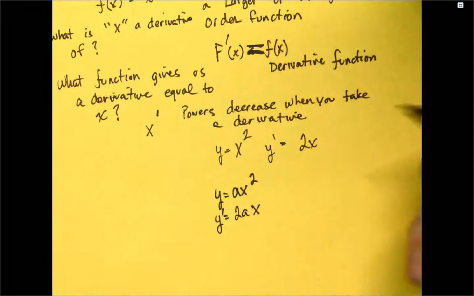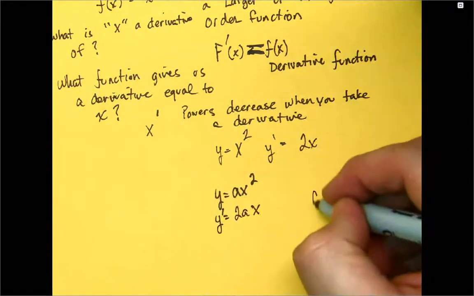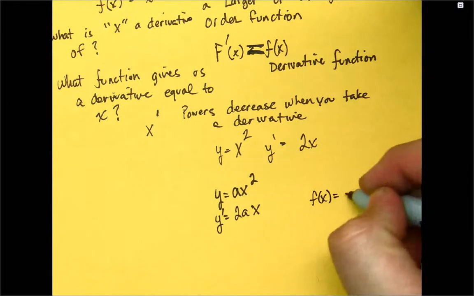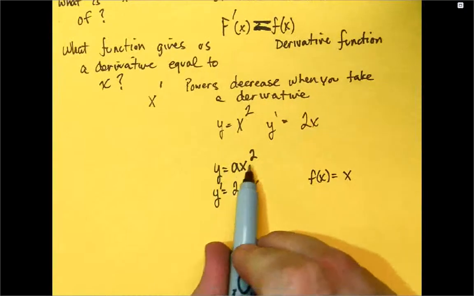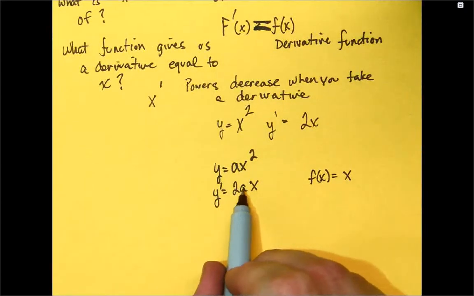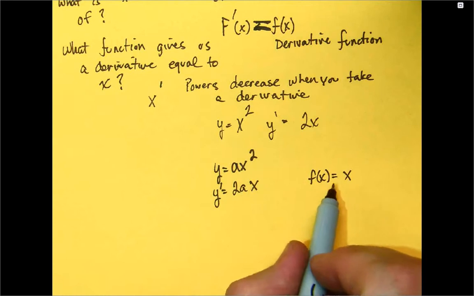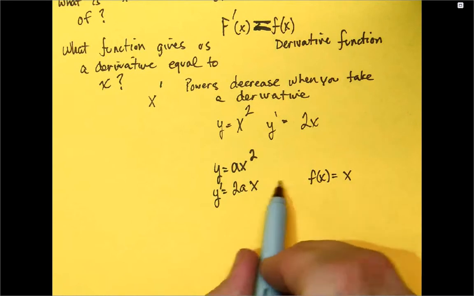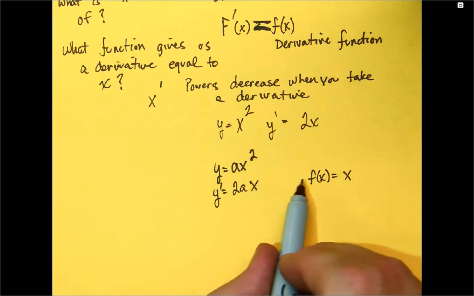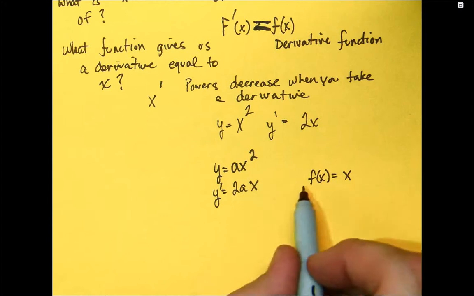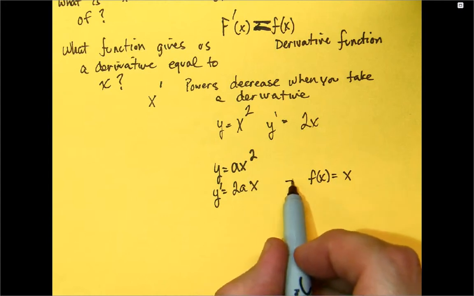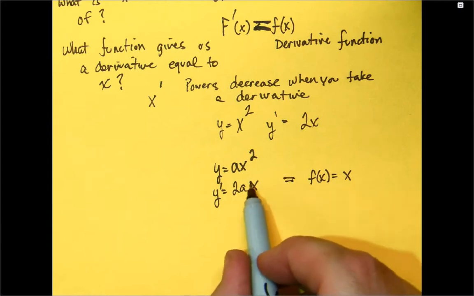Well, if f of x is equal to x, and I know that the derivative of a x squared would be 2ax, well, these two things would be equal to each other, because I want a derivative to be equal to this.